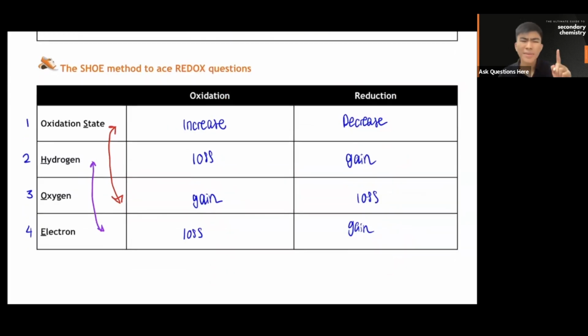Okay, so how do you remember oxidation and reduction for hydrogen and electron? So remember always, he works on an oil rig. Okay, so oxidation is loss, reduction is gain. This guy works on an oil rig.